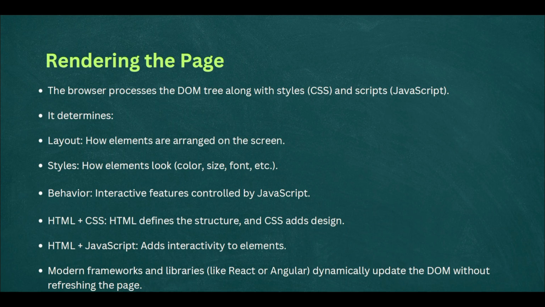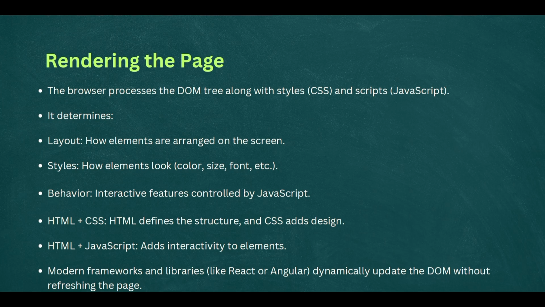Now, rendering the page, how it renders in the browser. It is mostly related to the layout, styling, the behavior and these things: how the HTML file is shown in the web browser, how the CSS gets applied, and how the interactivity works. For example, when you click a particular button, how does it execute, and what functions get loaded?